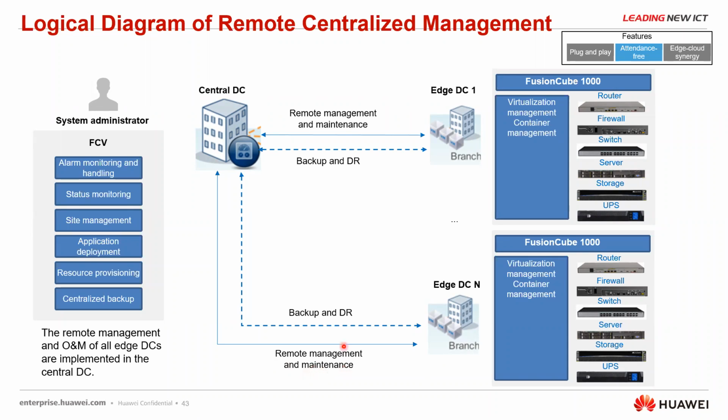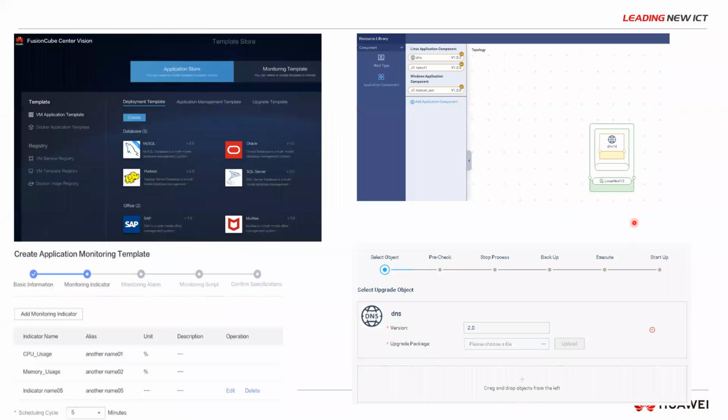This is one beauty part, because other solutions may have only central monitoring, but you cannot manage it. For managing, you need to open a different console and browse the switch separately, the firewall separately, the storage separately. But with this centralized management, you don't need to browse separately. From the system itself, you can trigger the remote session, and then you can do the management part.